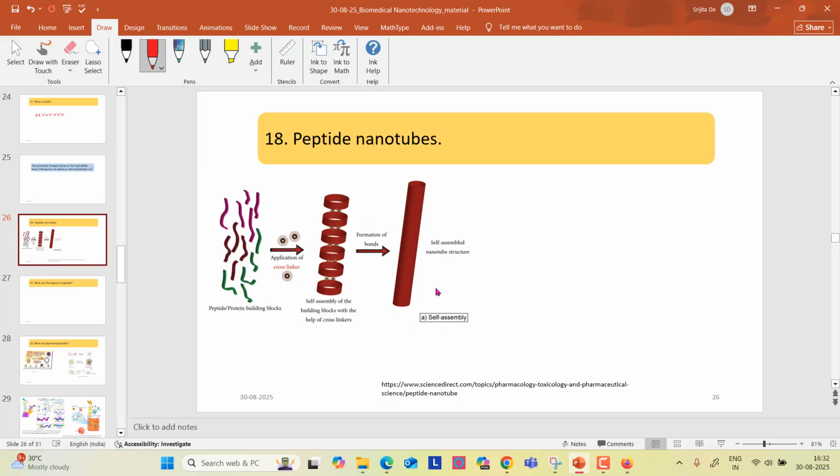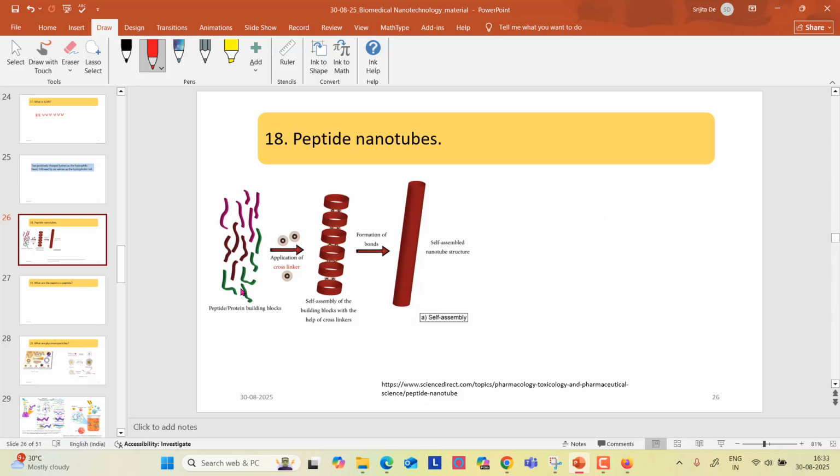About the peptide nanotubes, how peptide nanotubes are formed. So these peptides, we have just understood that peptides are the bond between the carboxyl group of one amino acid and the amine group of another amino acid.